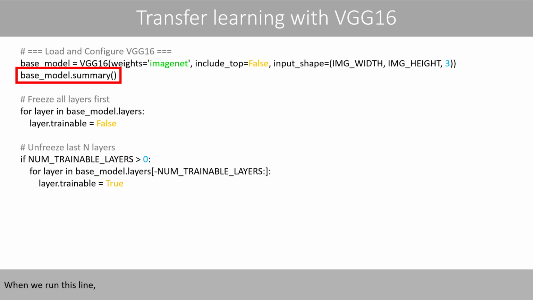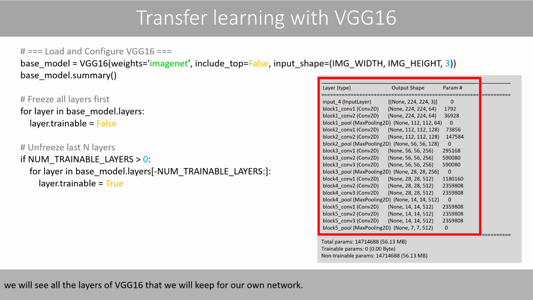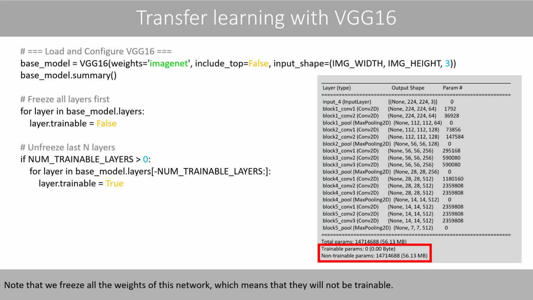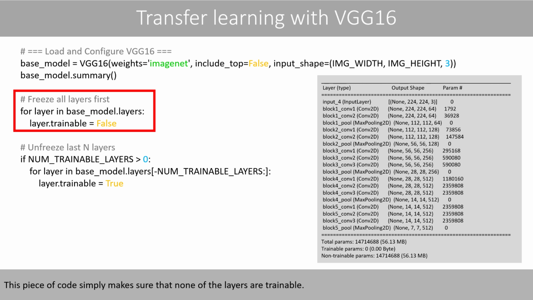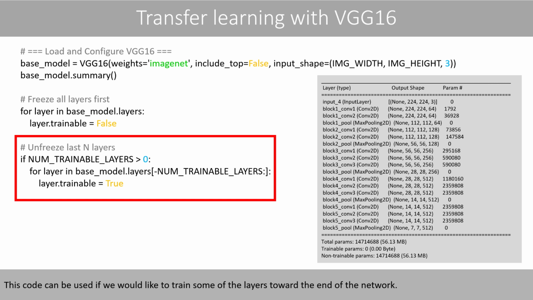When we run this line, we will see all the layers of VGG16 that we will keep for our own network. Note that we freeze all the weights of this network, which means that they will not be trainable. This piece of code simply makes sure that none of the layers are trainable.